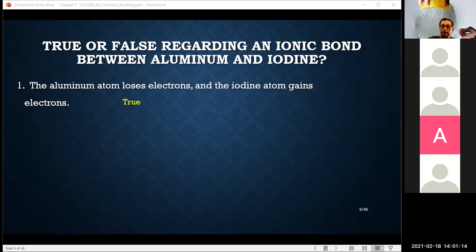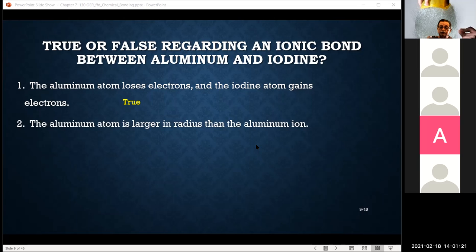The nonmetal will gain electrons, whereas the metal will lose electrons. Now, the aluminum ion is larger in radius than the aluminum atom. Is that a true statement?